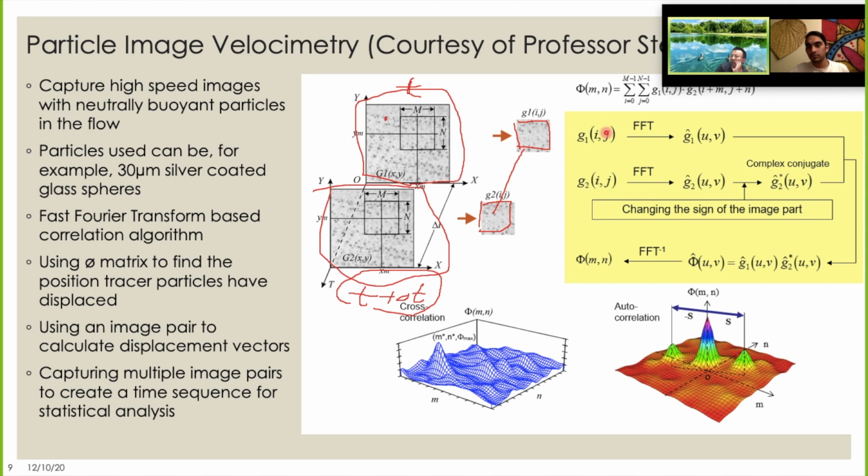Then the displacement between these two groups, so this window and this window, are separated by a position displacement delta x, okay? If you can find this delta x for every window, every G1, then delta x divided by delta t, you are going to get the velocity. Not only the velocity, but also the vector, okay?